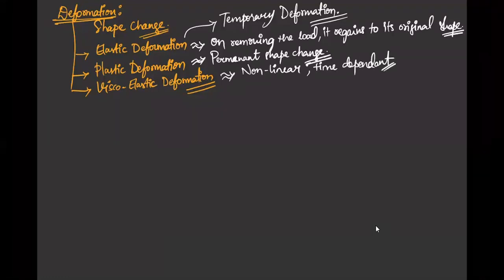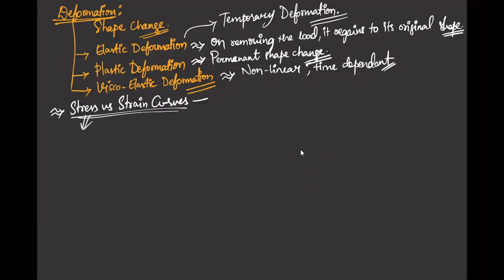Before knowing what these graphs are, we usually denote every graph in mechanical metallurgy or mechanical testing as stress versus strain curves or stress versus strain graphs.